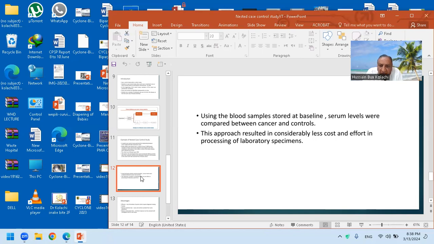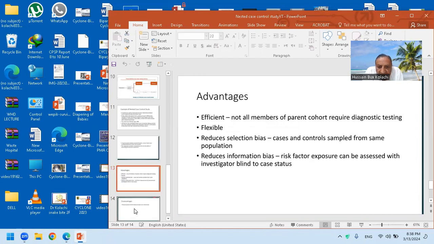So look at the cost. If 57,000 serums were to be tested, only 300 samples were tested. This is another advantage, that it is efficient, as not all members of the cohort require diagnostic testing.